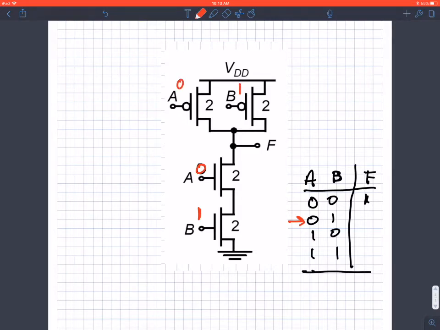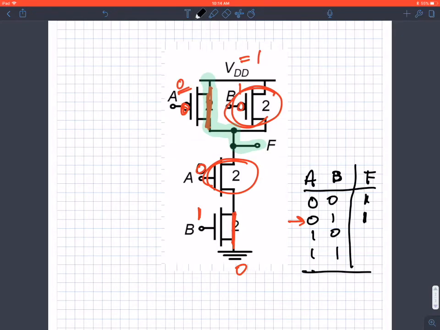All right, so look at the transistor configuration. Since that's a 0, it's an open. Since that's a 1, it's a short. Since this has a bubble on it, this is an open. This has a bubble on it, so the 0 means it's a short. So I look for the path. I have a path to VDD. I have a path all the way up to 1. I don't have a path down to 0. Okay, so we have yet another 1.